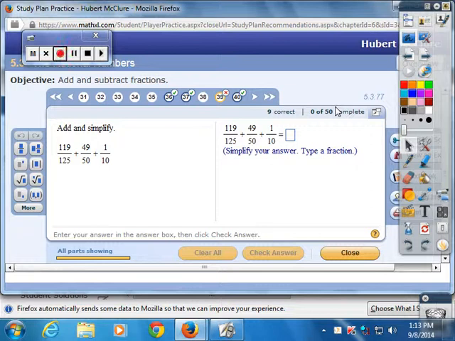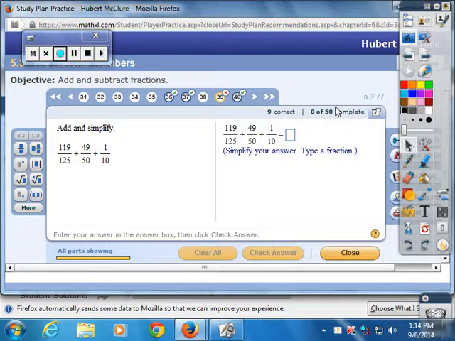All right, write that one down and try it. 119 over 125 plus 49 over 50 plus 1 over 10. Now, the rule here is I have no idea what the common denominator is, so I need to use my least common multiple.